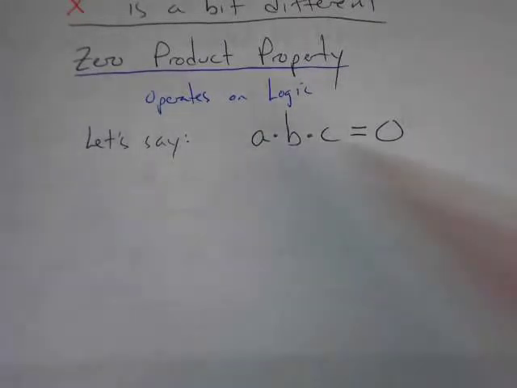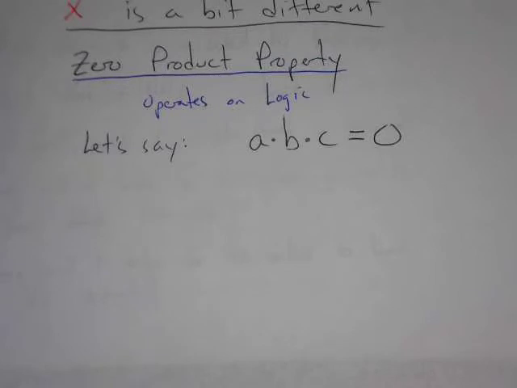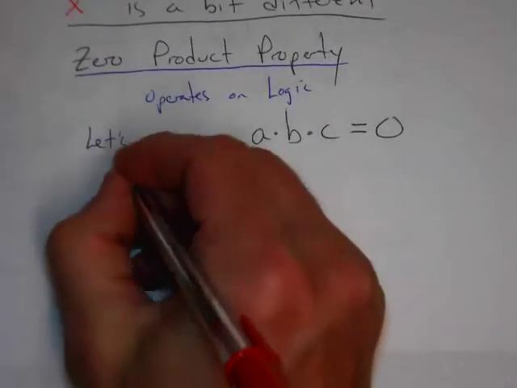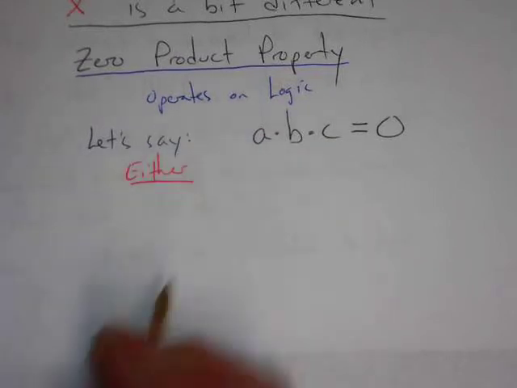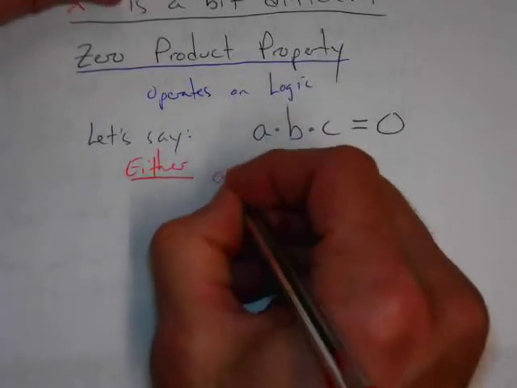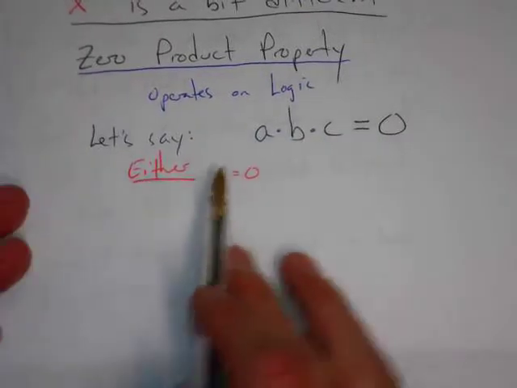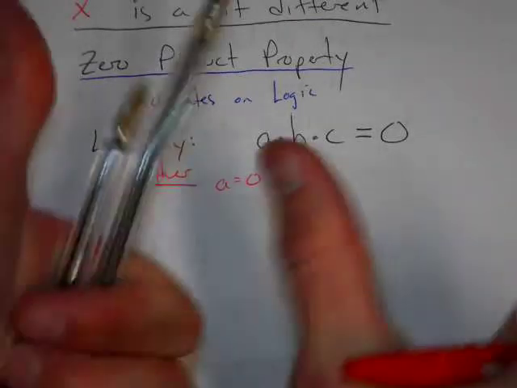If this is the case, we have three possibilities, and we have to use logic to identify those three possibilities. What are they? Either A is equal to 0, because if A was equal to 0, 0 times anything is 0. True, right? Yay, thumbs up.